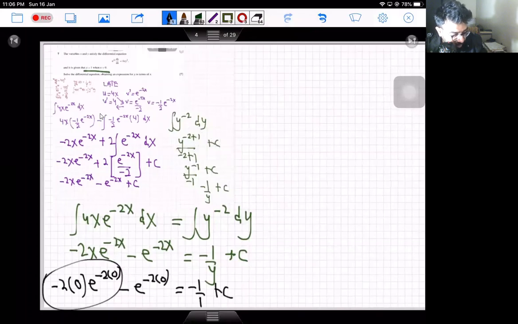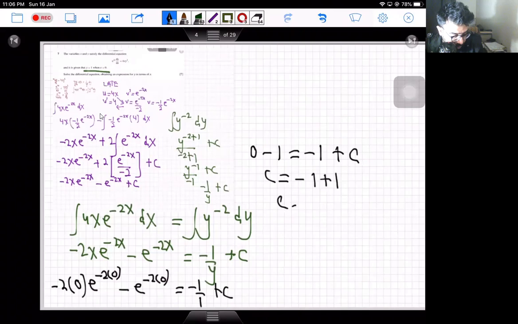So this whole term will be 0. So 0 and then minus e raised to the power 0. Any number raised to the power 0 is equal to 1. So 0 minus 1 is equal to minus 1 over 1 is 1, and then you have plus c. Therefore, c is equal to minus 1 plus 1. C is equal to 0. We have found the constant term.